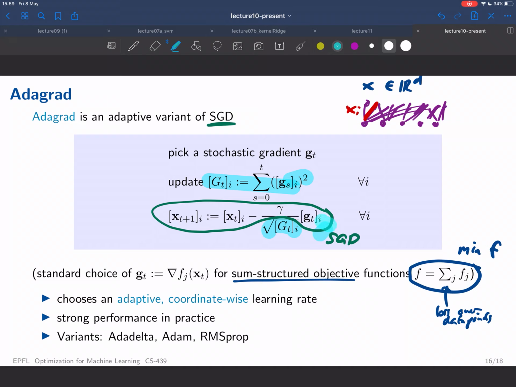Then before I apply my actual gradient on that edge, I pre-multiply it by the square root of this sum, and you actually divide by it. So that's what Adagrad is, or the diagonal variant of Adagrad.